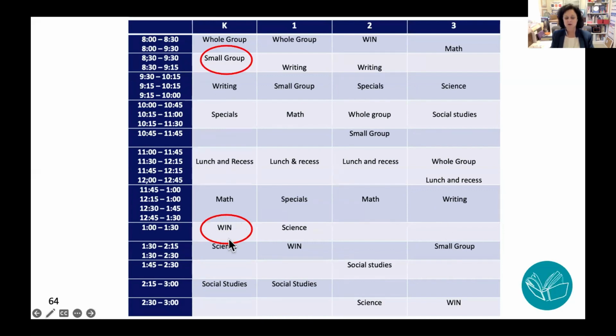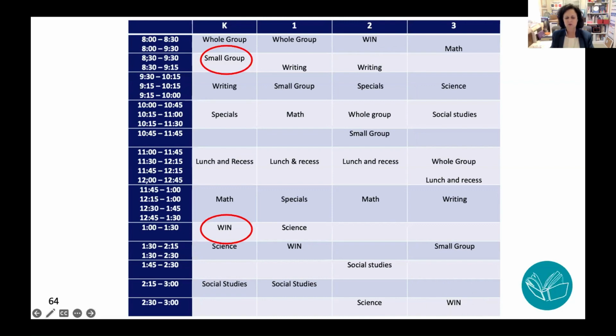This building also had what I need time or win time. This is tier 2. This is the extra dose at another time of day of the small group that students were receiving in tier 1. So you can see that that is also staggered across the particular grades. Some grades it's first thing in the morning, other grades it's the last thing they do at the end of the day.